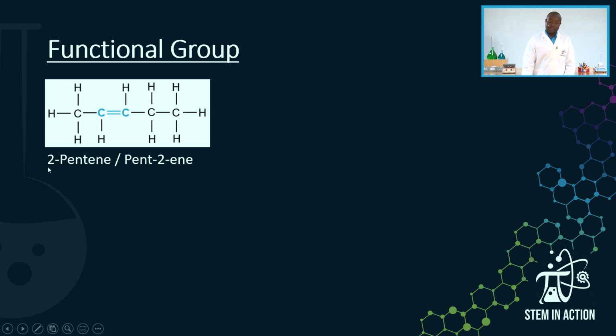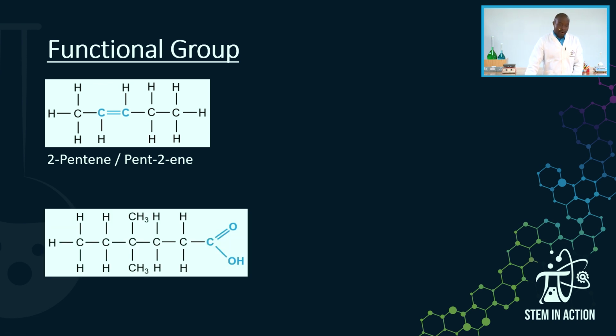So I'm going to call it 2-pentene, or we can also just call it pent-2-ene. So either you start with the number or you place the number right between the t and the e. The ene part, which is the last part, is what identifies it as an alkene.